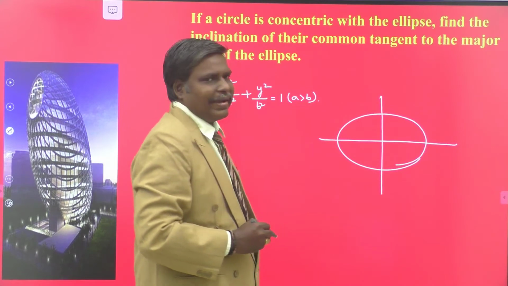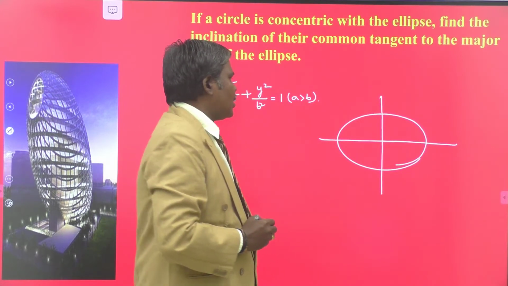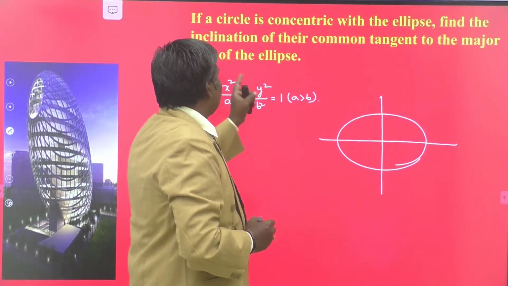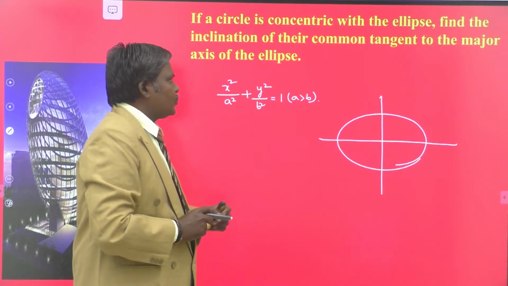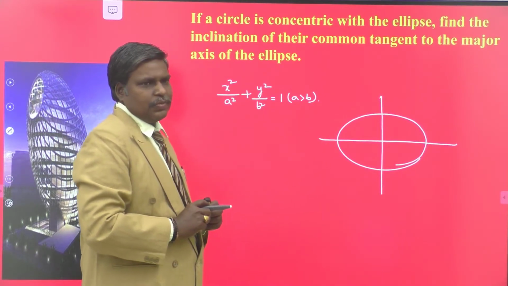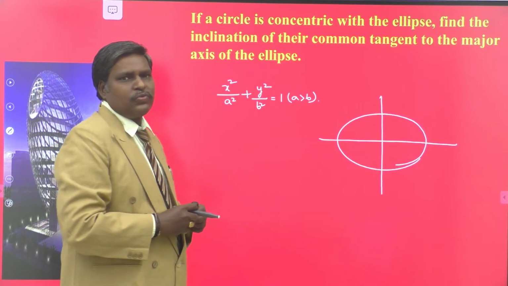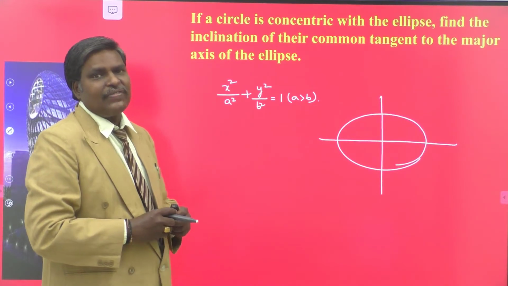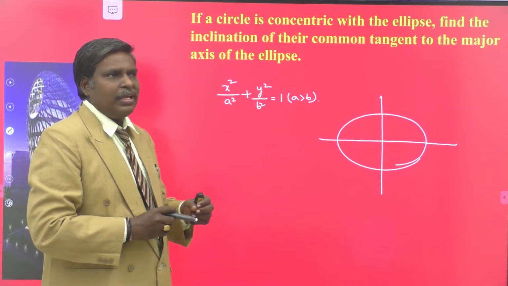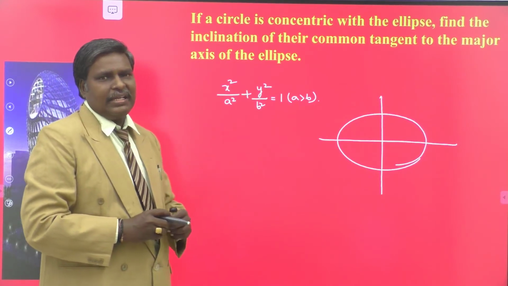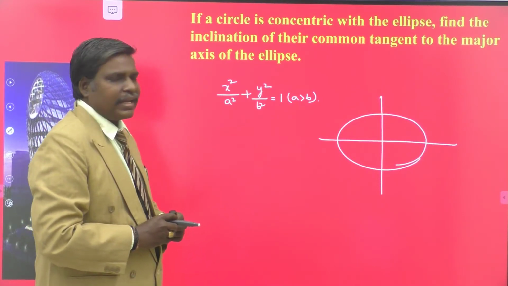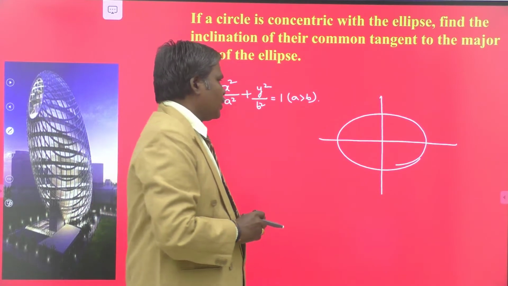Major axis along x-axis, minor axis along y-axis. So we have to construct a circle which is concentric to this ellipse, and then we are going to find out the inclination of common tangent. We mean the tangent makes an angle theta with positive direction of x-axis.